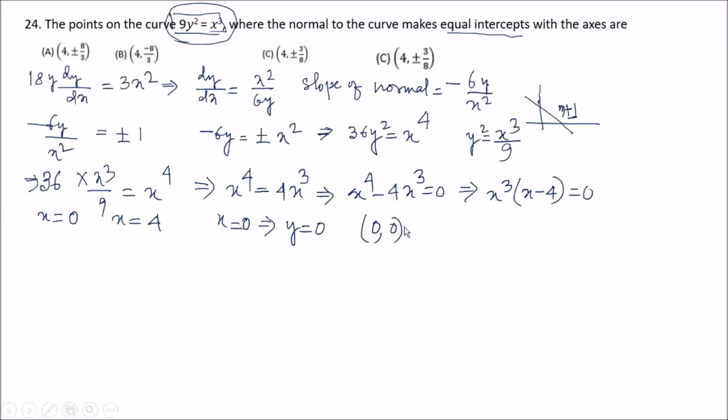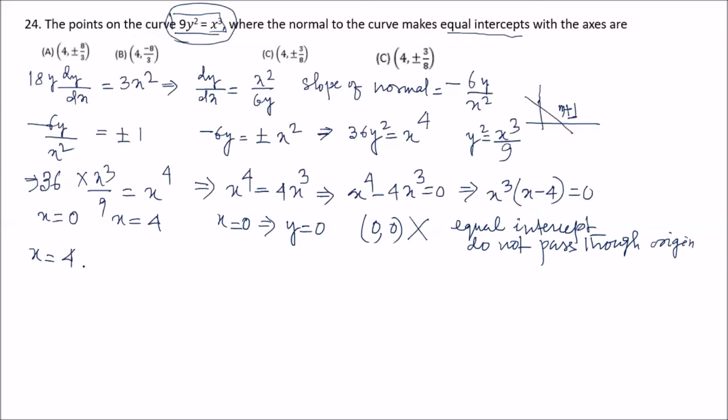But this cannot be the answer because the line which makes equal intercept cannot pass through the origin. Equal intercept lines do not pass through the origin. That means x is equal to 4.